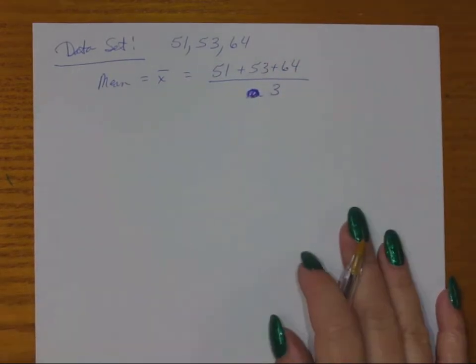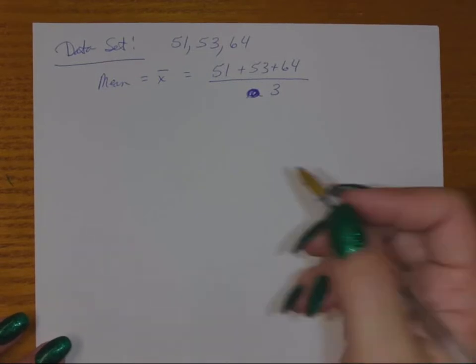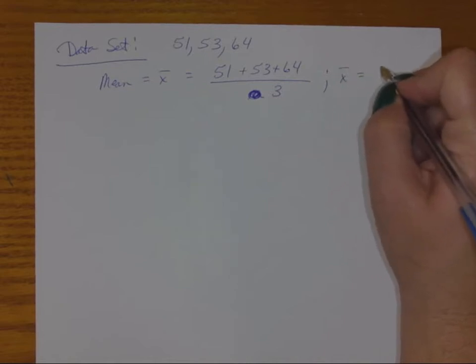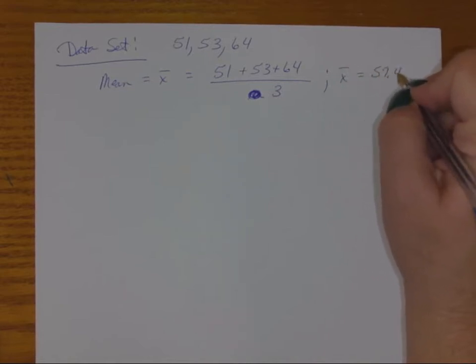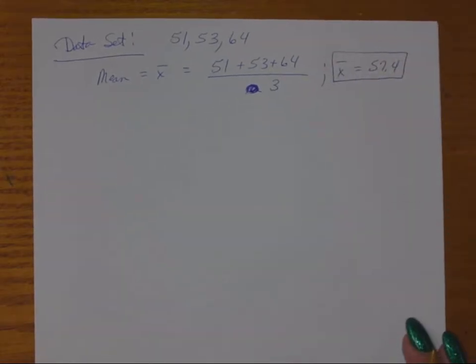That's right, we saw the n there also. X bar is, I did this calculation earlier, I think it's 57.4. Please check me, and if that's not right, let me know. So my average for this little 3-point data set is 57.4.